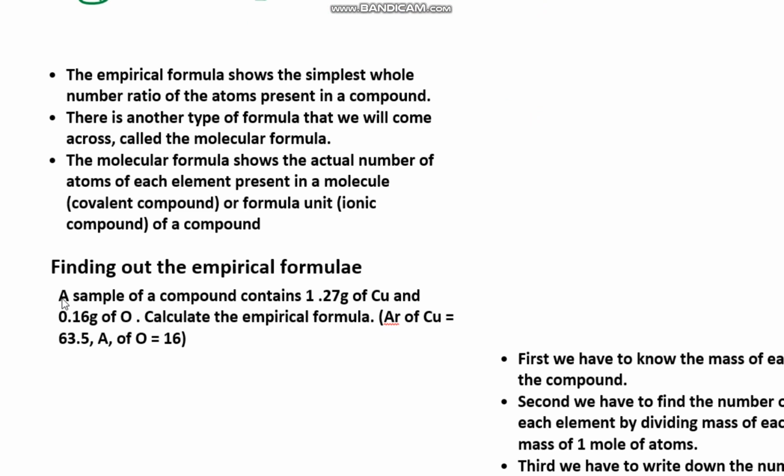The empirical formula shows the simple whole number ratio of the atoms present in a compound. There is another type of formula called the molecular formula, which shows the actual number of atoms of each element present in a molecule, covalent compound, or formula unit of an ionic compound.